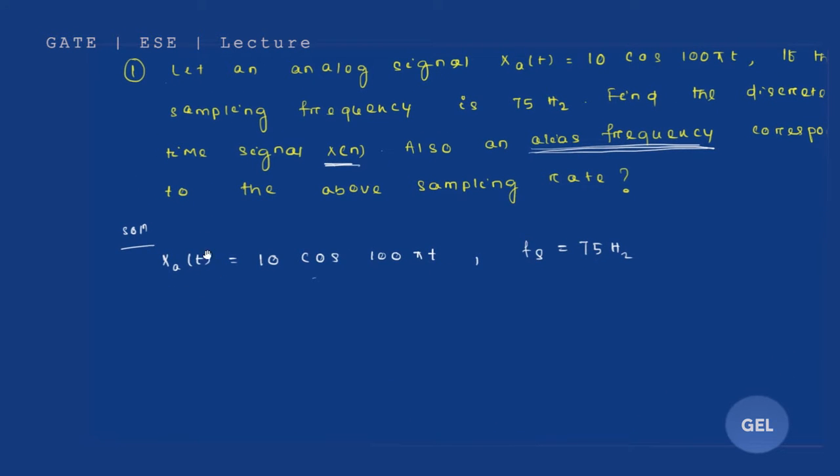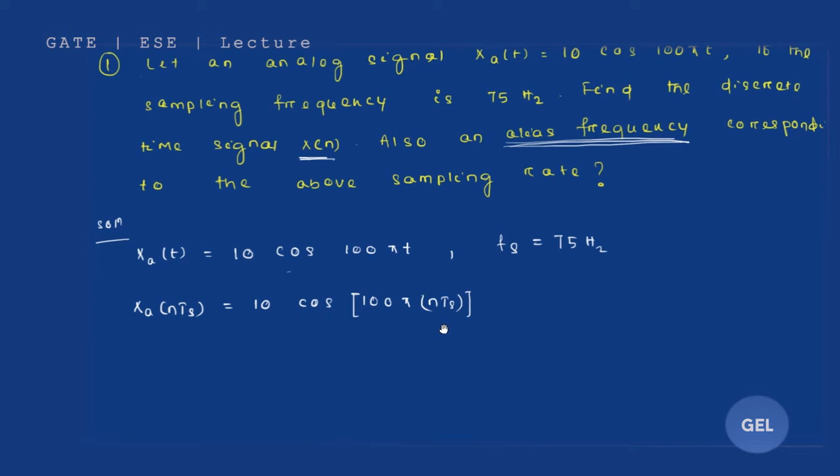Your x_a(t) is given, so x_a(nTs) will be nothing but 10 cos 100 pi nTs. Clear? Now look here carefully.